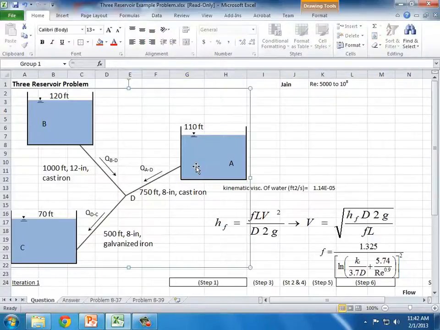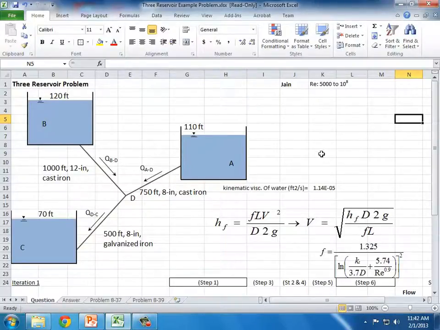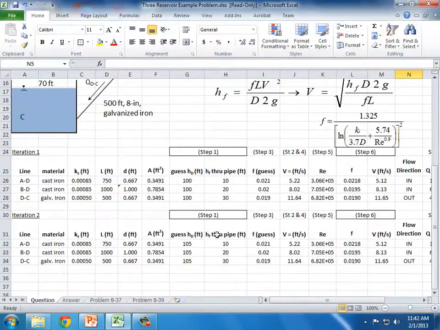Like this middle reservoir will be a little uncertain. So what I'm telling you right now is important: if I guessed a head at D that's above this elevation of water, then that changes the flow direction. It starts sending water into A if the head at D is greater than the elevation at A. And then that would adjust these head loss formulas.